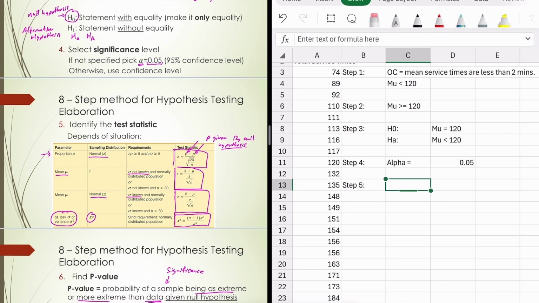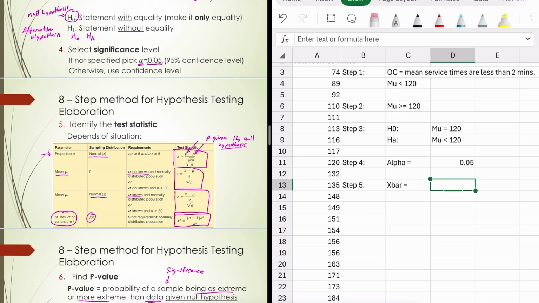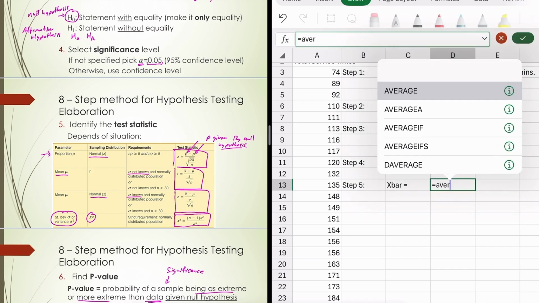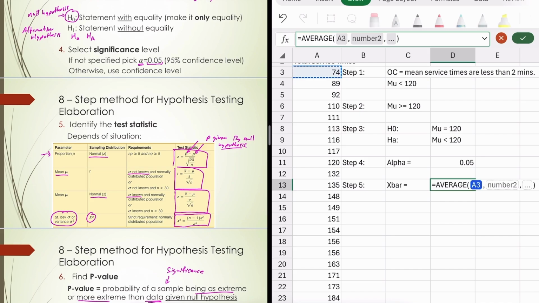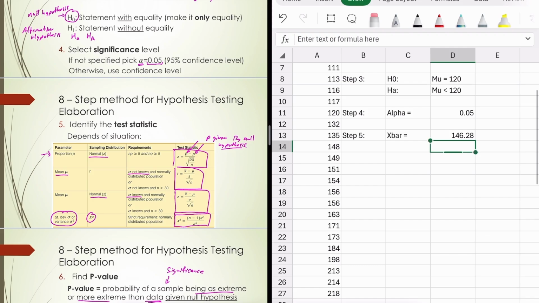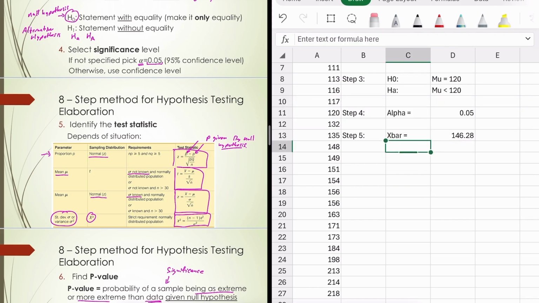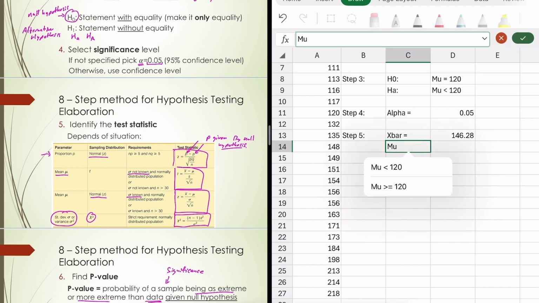There are a number of things I need. We need x bar. X bar equals the average, so I'm going to select these, equals average, and enter. There's my x bar. I need mu, but I know what that is.